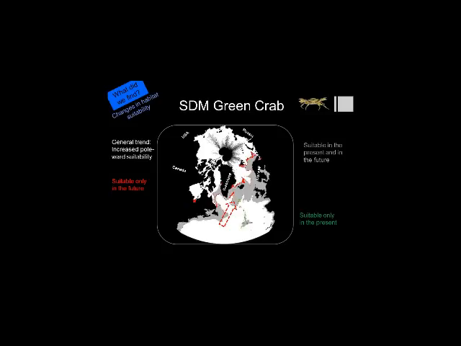The result for the green crab shows a general trend of increased poleward suitability, and we also calculated the centroid of distribution of the species. For the green crab, the centroid of the distribution was here, and we calculated the difference between the centroid in the present and the centroid in the future.